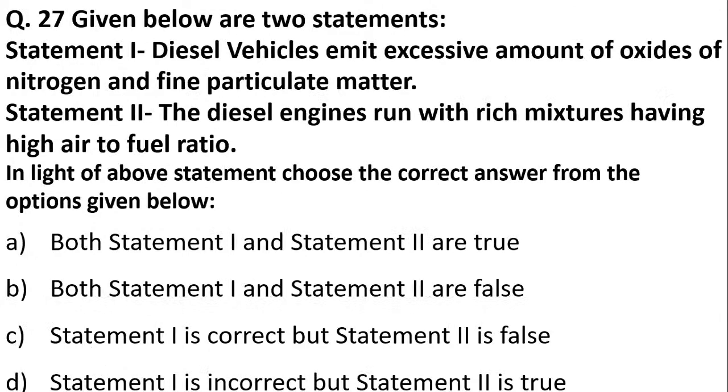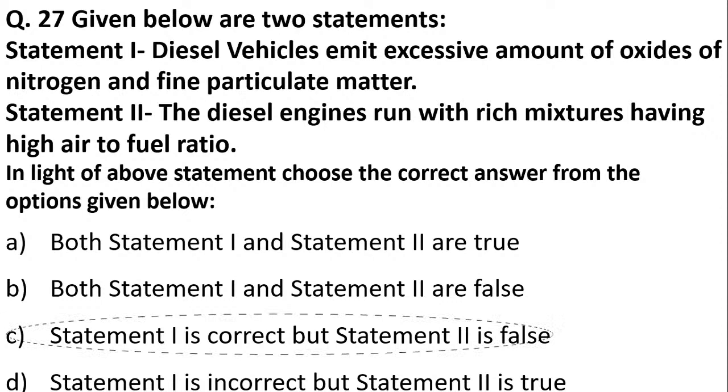Given below are two statements. Statement 1 says diesel vehicles emit excessive amounts of oxides of nitrogen and fine particulate matter. Statement 2 says diesel engines run with rich mixtures having a high air to fuel ratio.